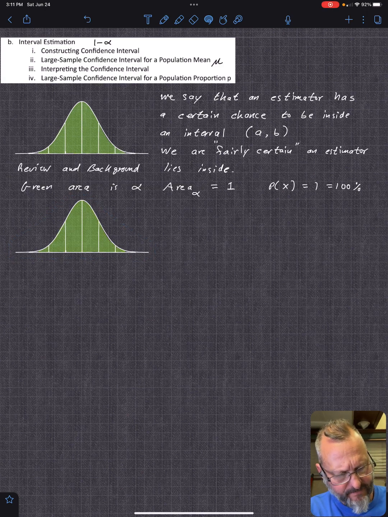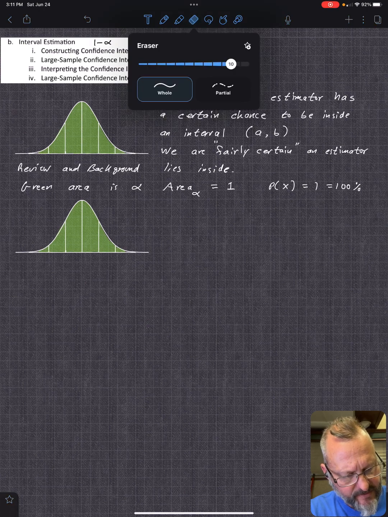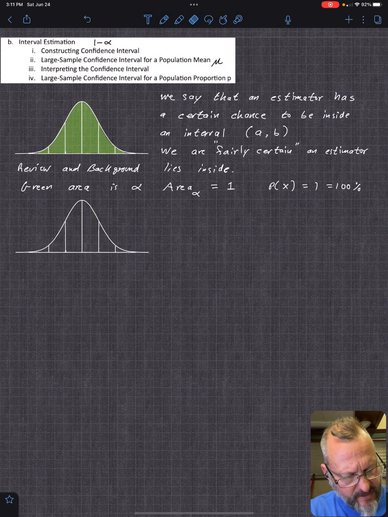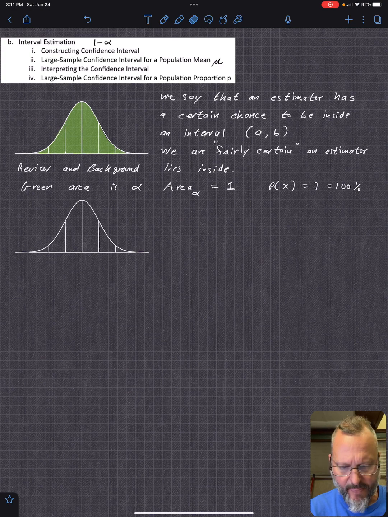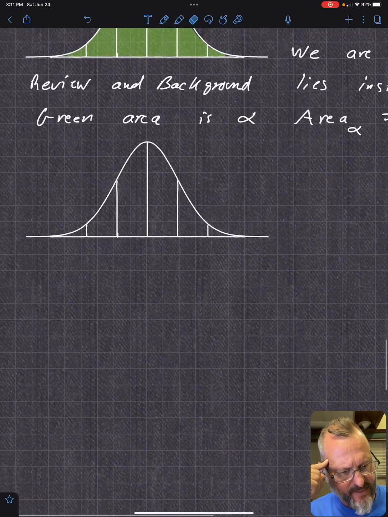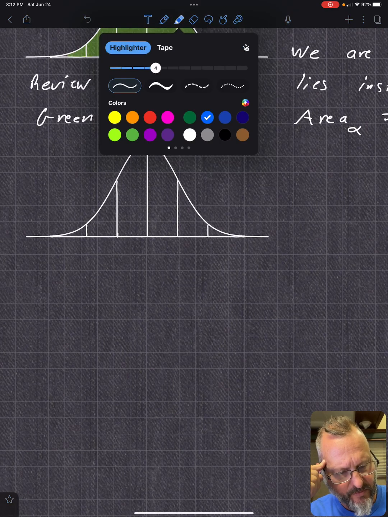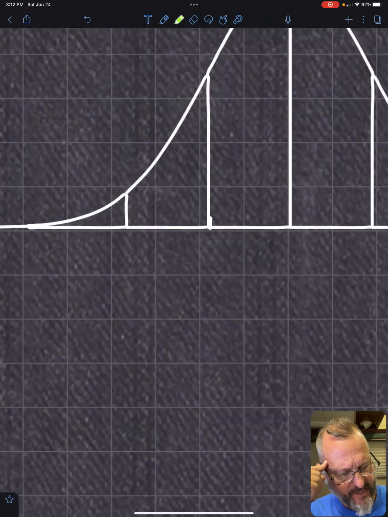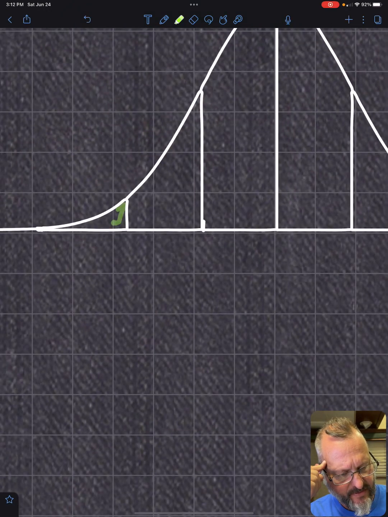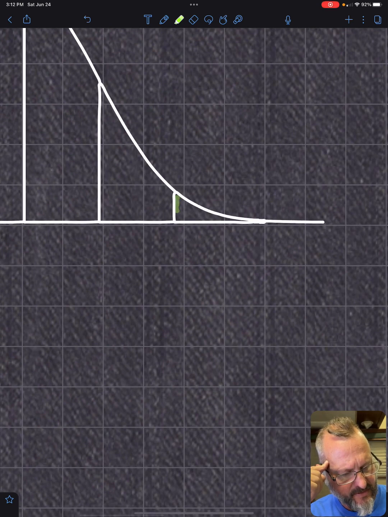So these tails here, suppose those were green, that side and this side.